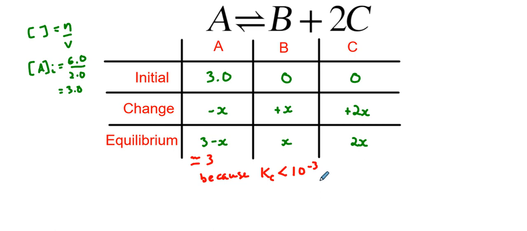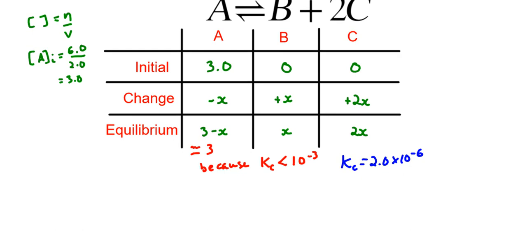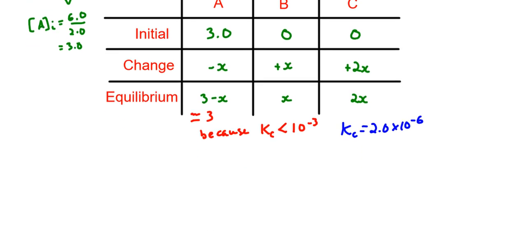And so here we have Kc being 2 times 10 to the negative 6. So this is definitely a small Kc value. And we're going to assume that it doesn't go to products very much, and that once we round, we would just get our 3 back. So this assumption here can make our calculations a little bit easier.